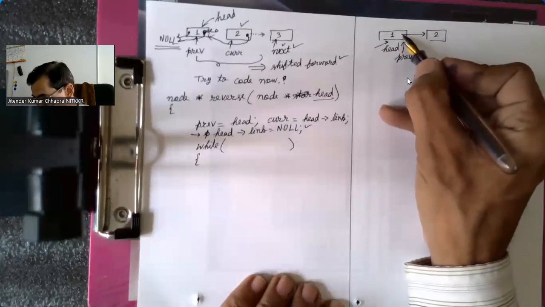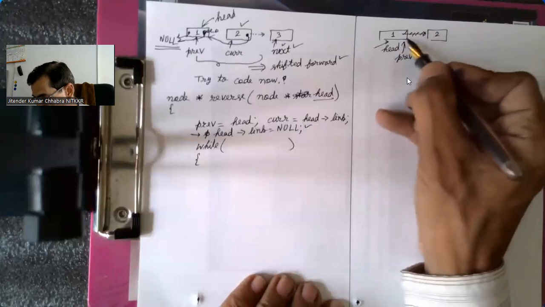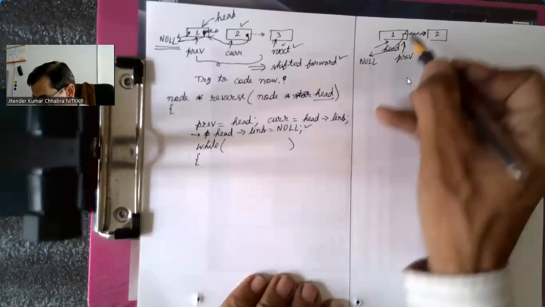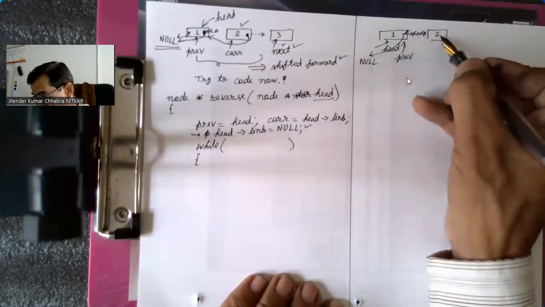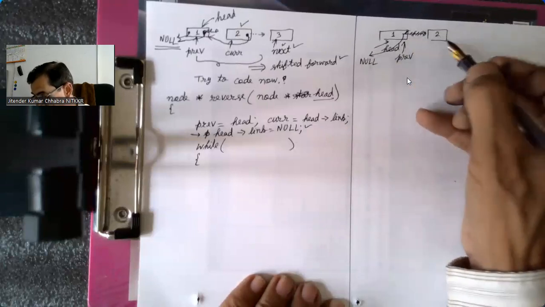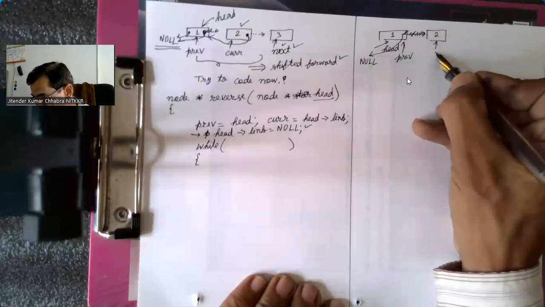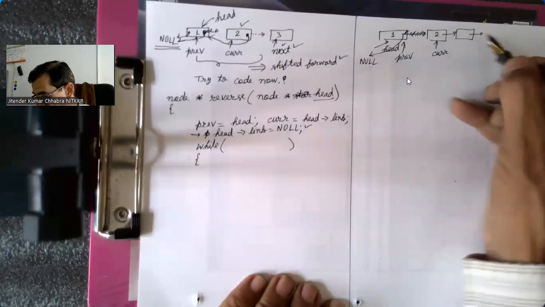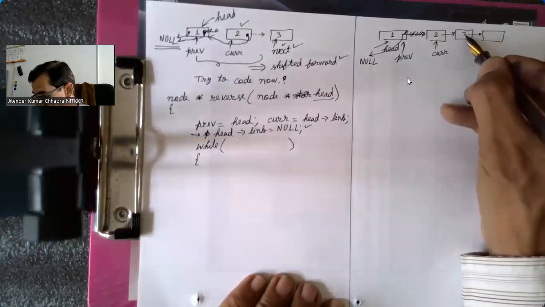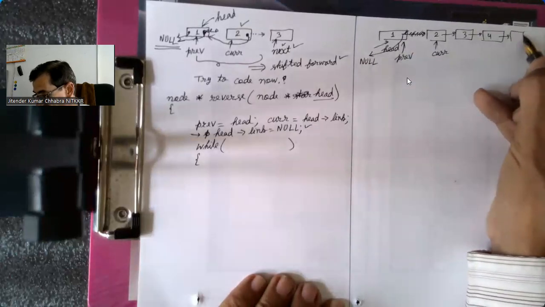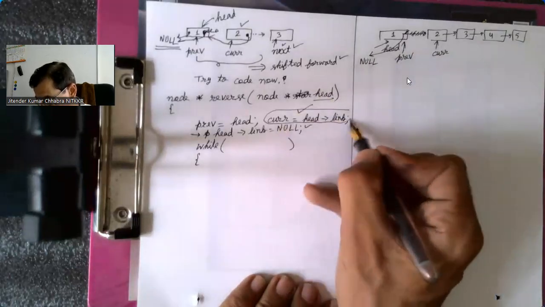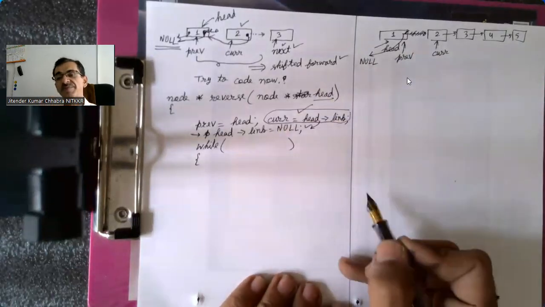As soon as you write head arrow link equal to null, this effectively means this link is lost. Link lost means I will not be able to reach 2, but before that statement, I have already stored current. So this list is still perfectly accessible via current. Hence, this does not create a problem because I have already done this statement before null.